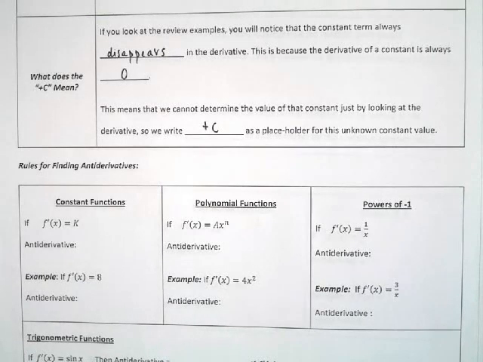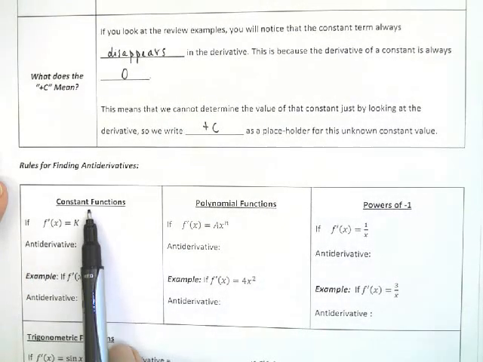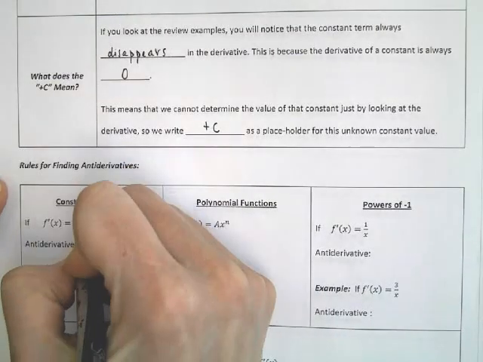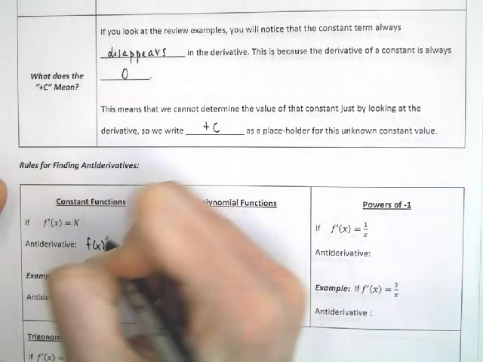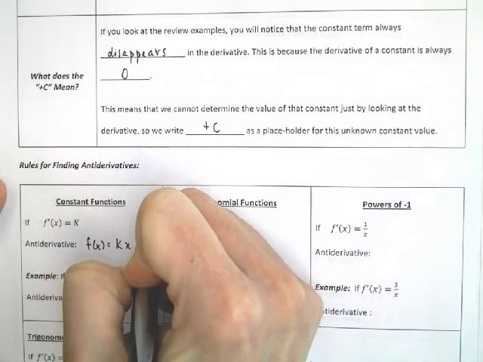All right, so when we're working with a constant function, I'm getting ahead of myself. For constant functions, if f prime of x equals k, then our antiderivative, f of x, equals k times x plus c.